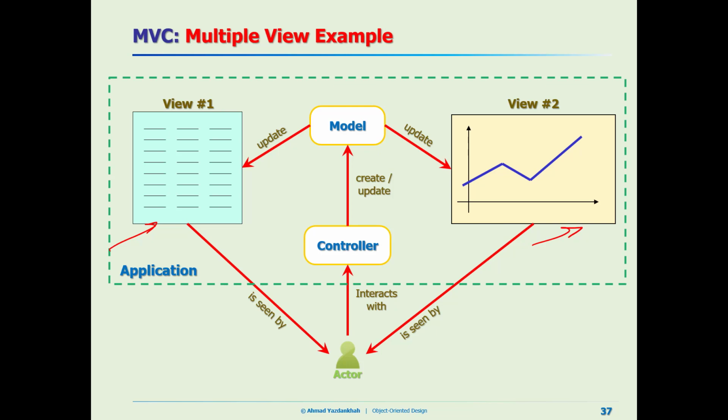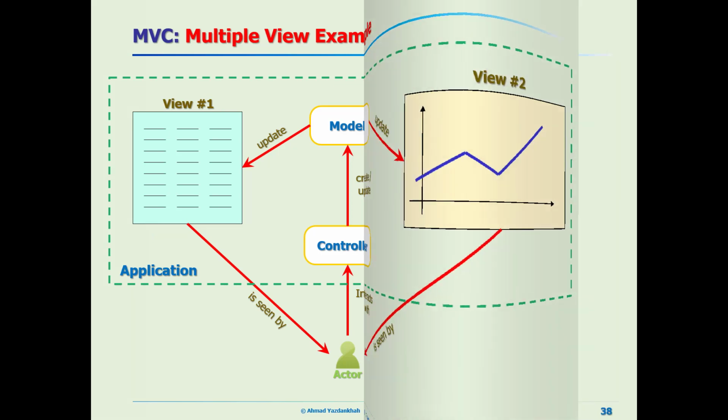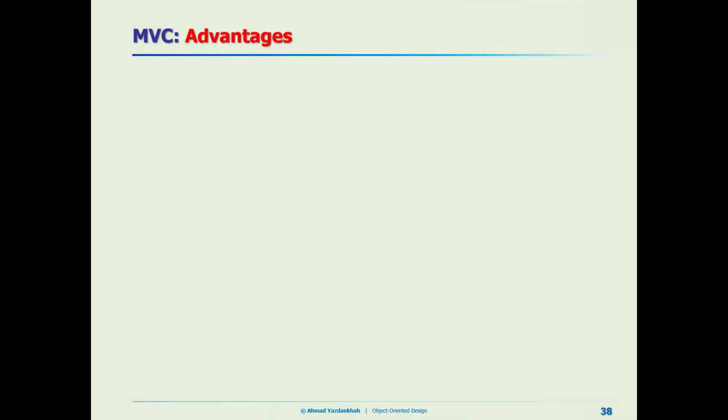multiple view, right? All right, so now let's see what the advantages of MVC are. First of all, it has all of the advantages of the multi-layer architectural pattern. We mentioned them before, but let's see what they were. Satisfying the rule of separation of concerns, you remember that?